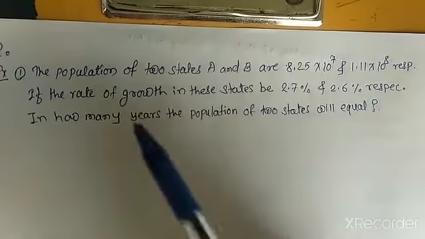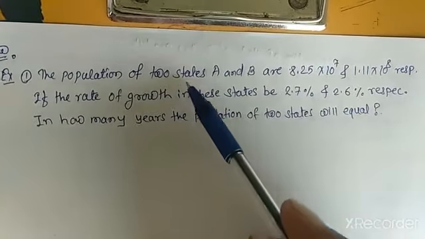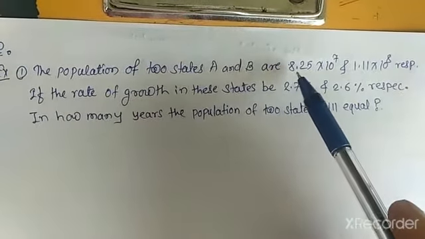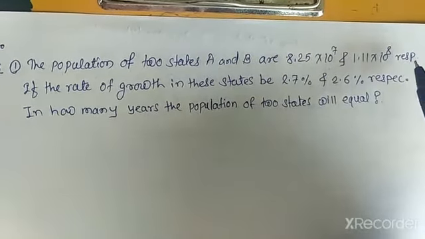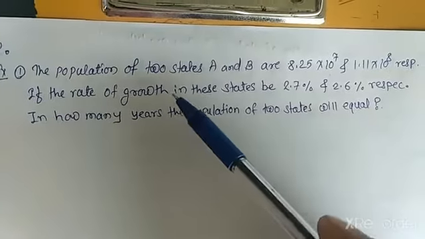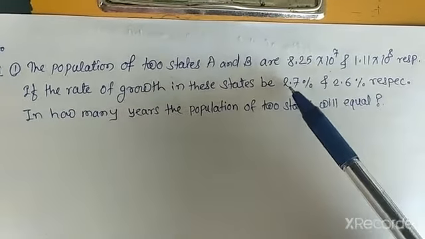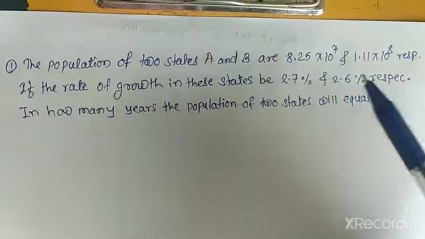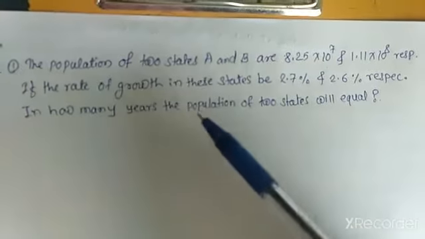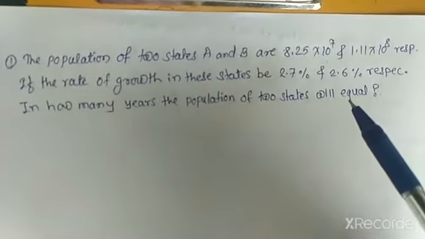Now consider the example for your homework. The populations of two states A and B are 8.25 into 10 raised to 7 and 1.11 into 10 raised to 8 respectively. If the rates of growth in these states are 2.7% for A and 2.6% for B, in how many years will the populations of the two states be equal?